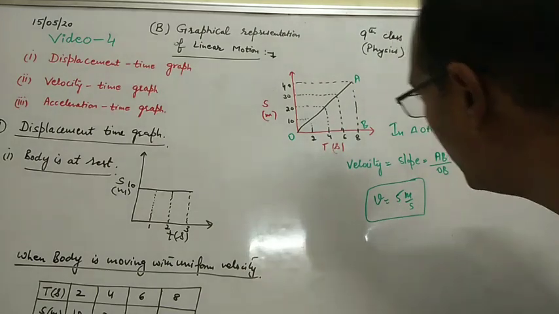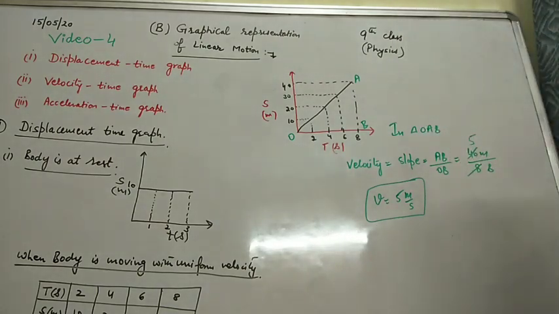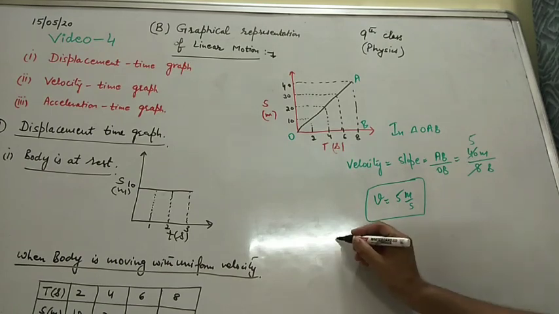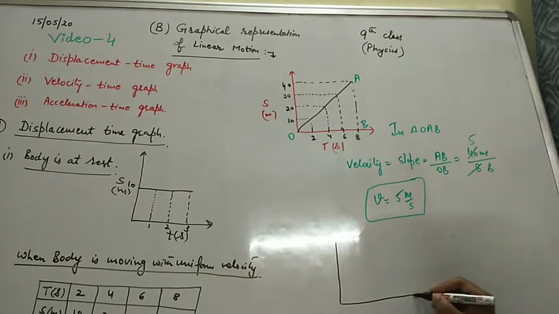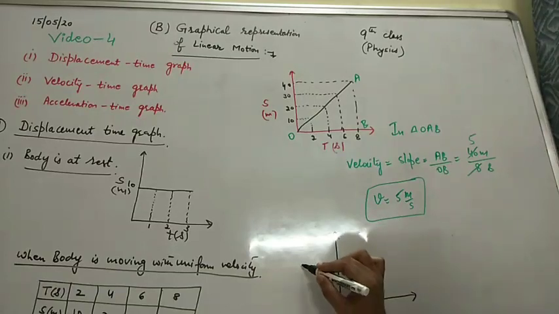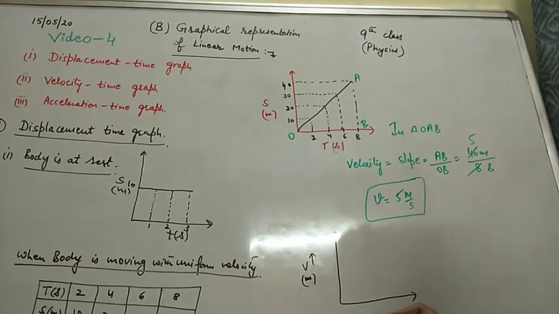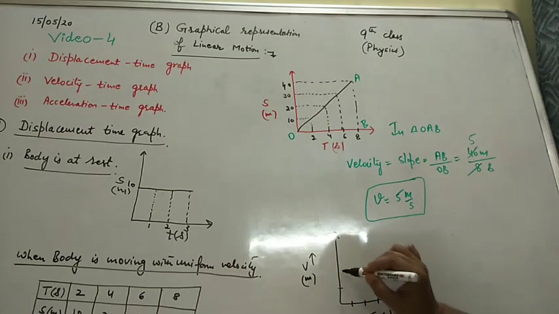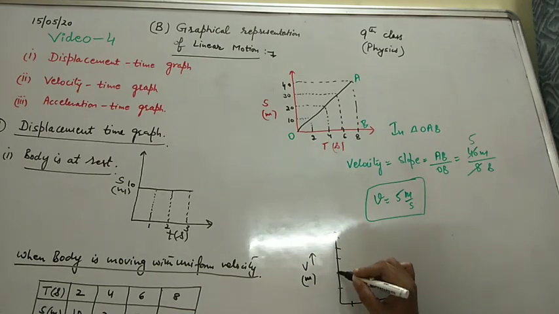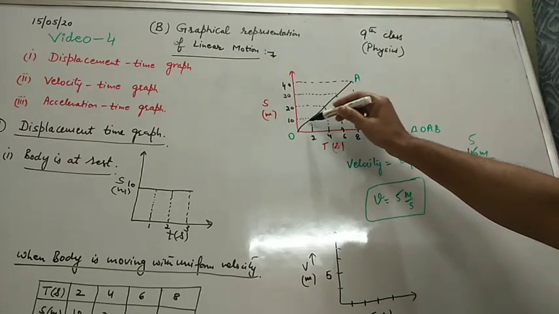And if you try to draw the velocity time graph for this example, how will you get it? Independent variable and dependent variable will play an important role. Independent variable will come along the x-axis and dependent along the y-axis. Suppose this is 5 meters per second, it will remain the same for all the triangles.